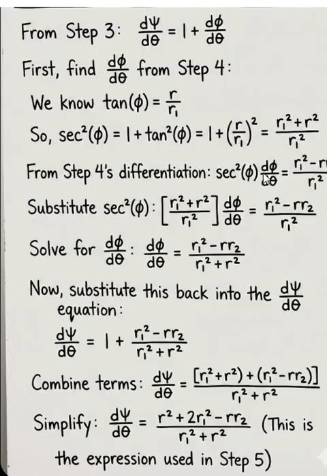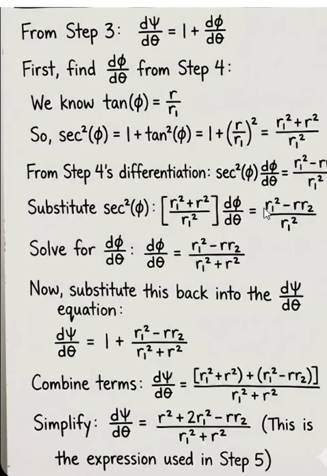And the sec square phi, if you differentiate this one, what we have found out, sec square phi is equal to r1 square plus r square divided by r1 square. If you differentiate this one, we get sec square phi into d phi by d theta is equal to r1 square minus r r2; r2 is missing here, this is r1 square.